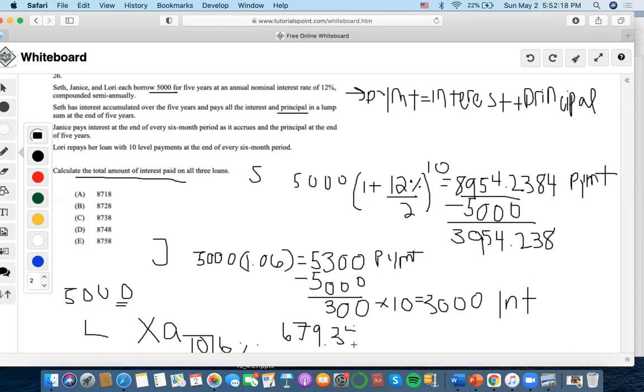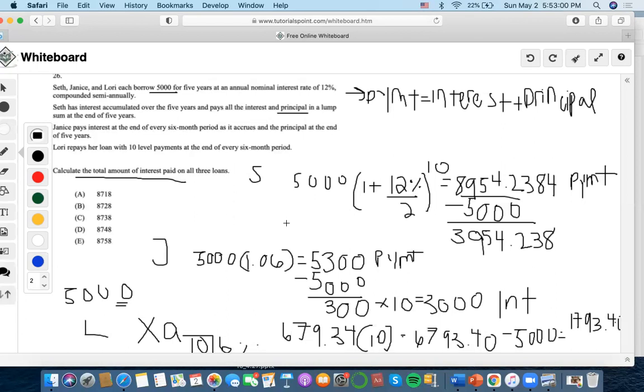Now, once we do that, we realize that this is a payment occurring every 6 months, right? So in total of 10 payments, we end up getting 6,793.40 as the total payments. Now we subtract the lump sum principal to find interest, and then we end up getting 1793.40, right?